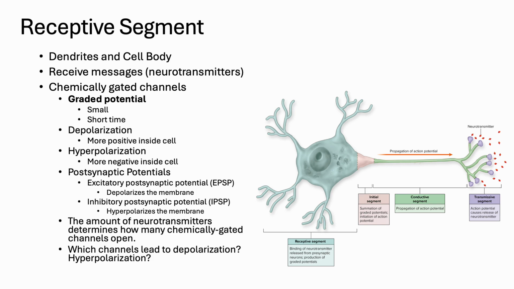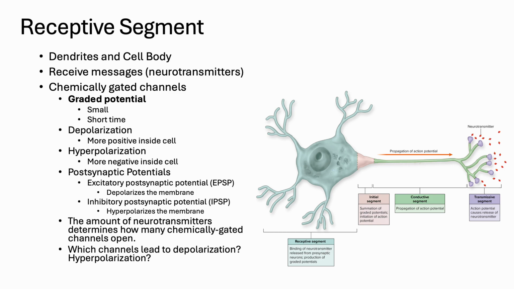Now, it turns out that these neurotransmitters, these chemicals that are received in the receptive segment, can either be excitatory, so the long term for that would be excitatory postsynaptic potentials, or EPSPs, or they can be inhibitory postsynaptic potentials.